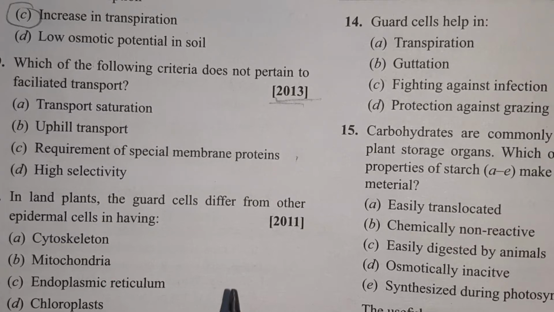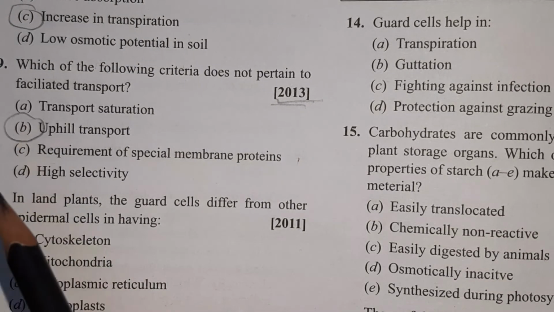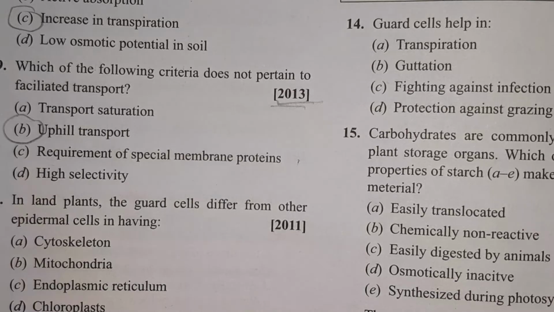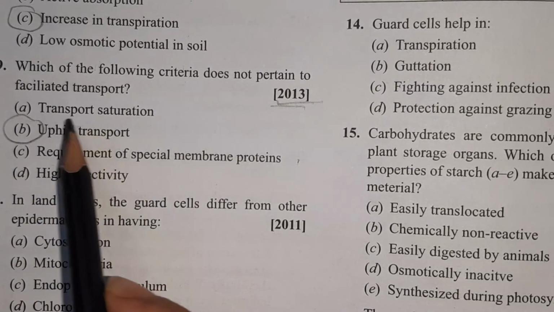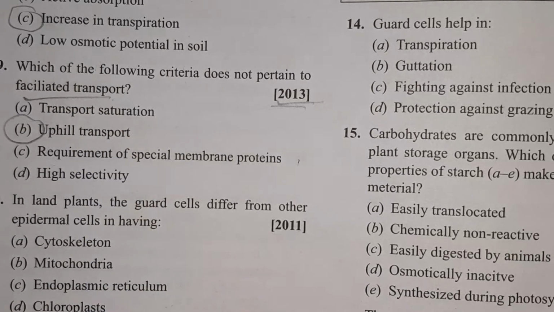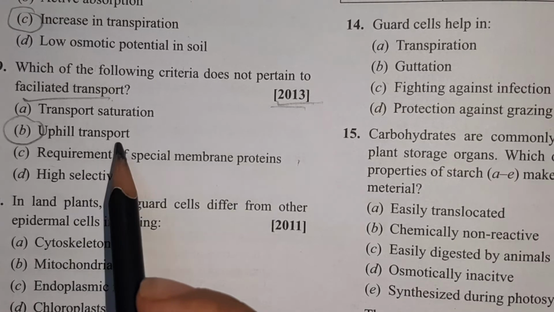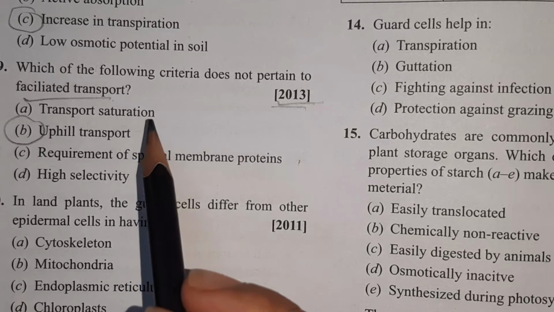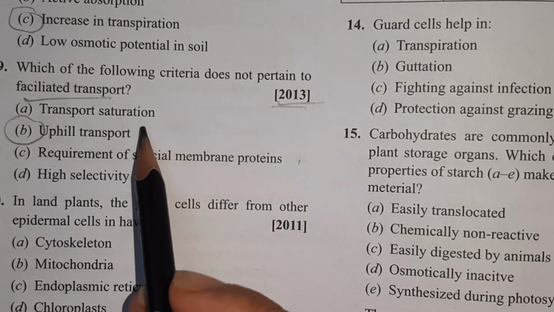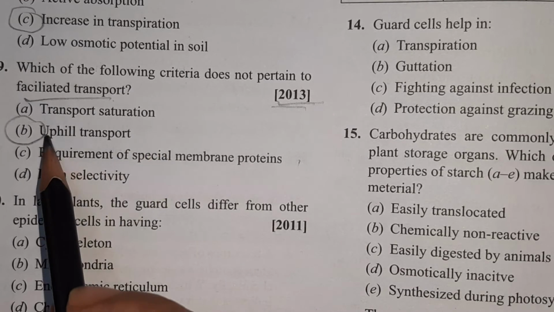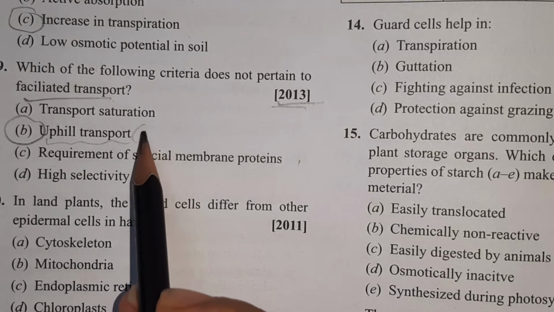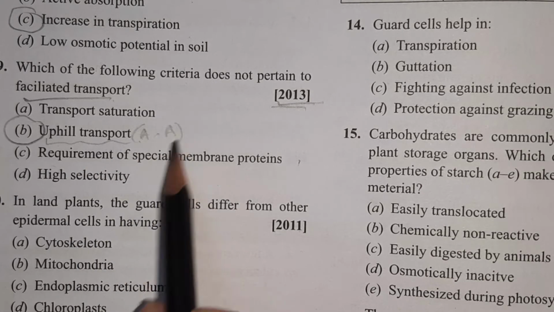So the answer for this is uphill transport. Except active absorption, all like facilitated transport or diffusion, they are downhill transport, they do not require ATP. So this is the characteristic of only active absorption.